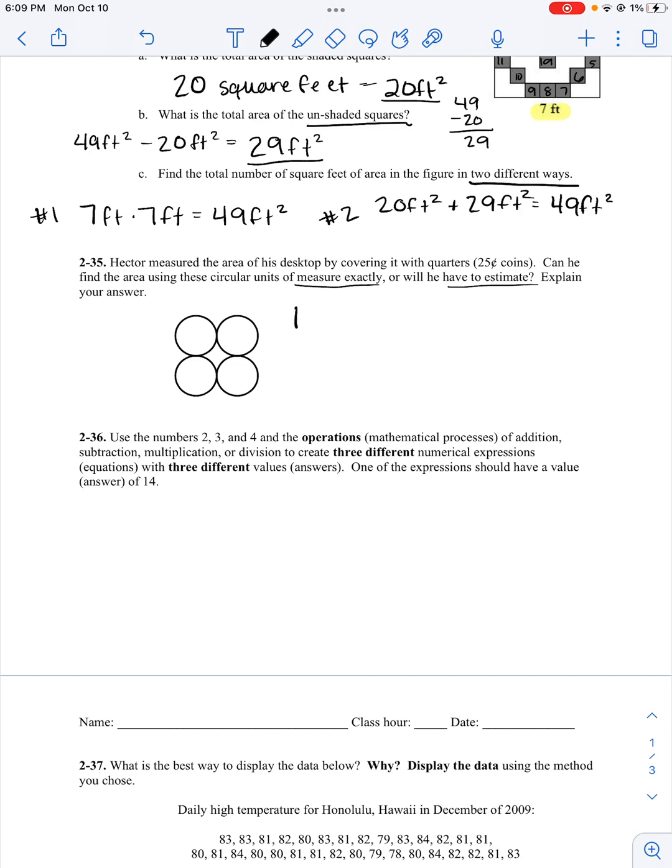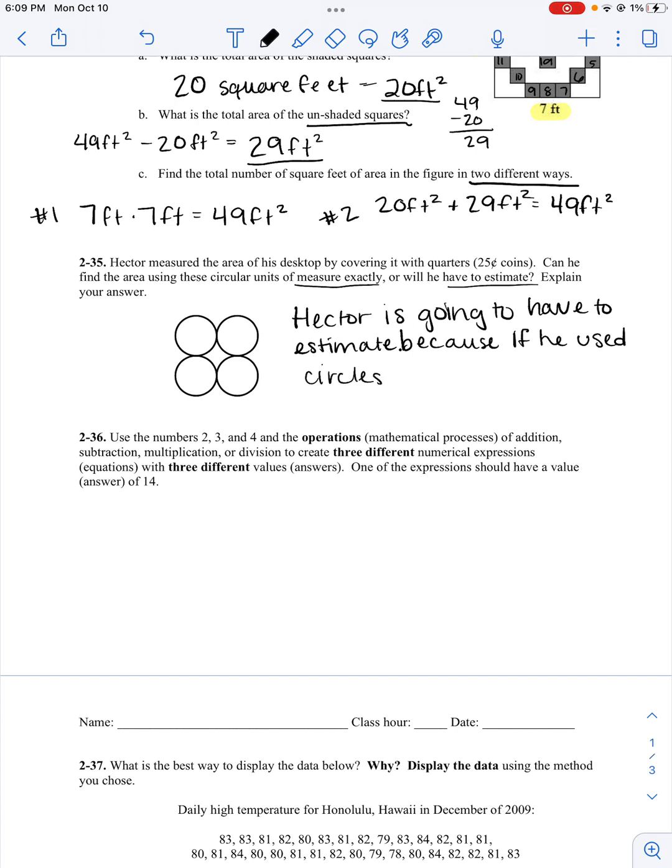Well, Hector is going to have to estimate, because if he used circles, there will be gaps.